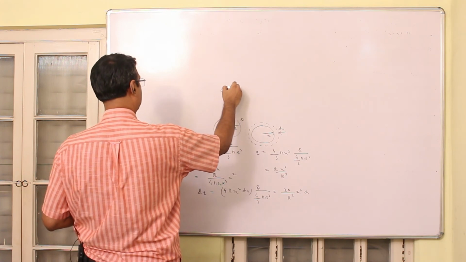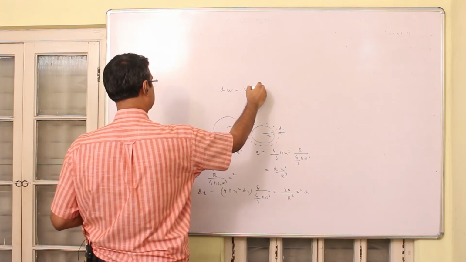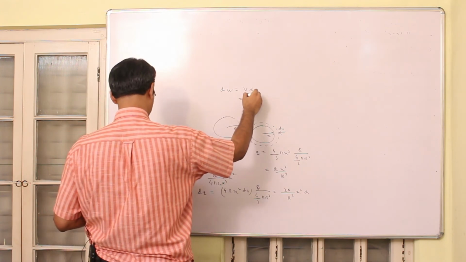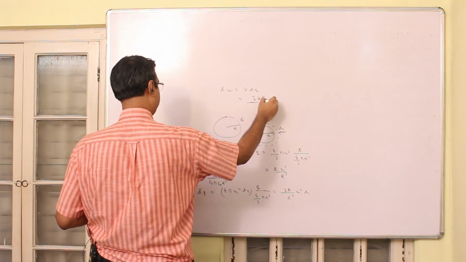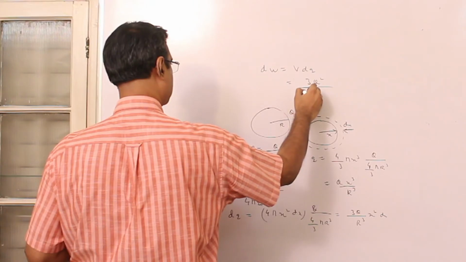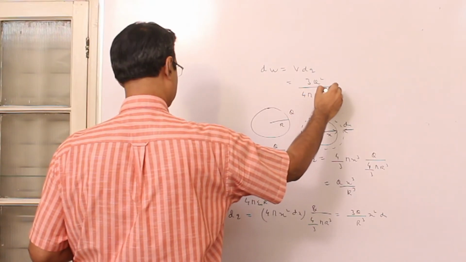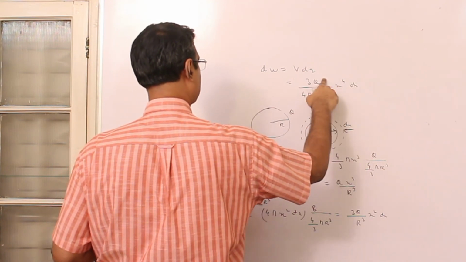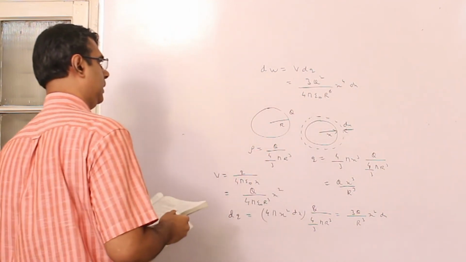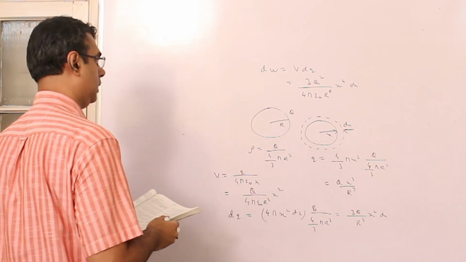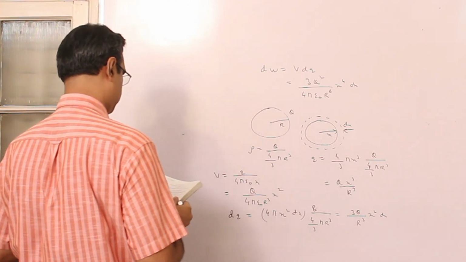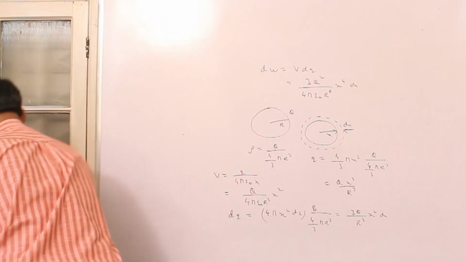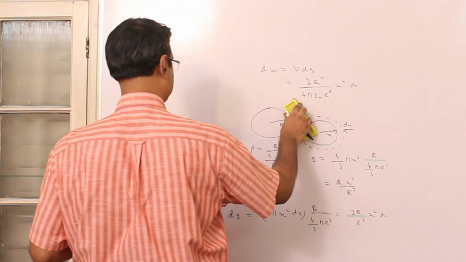Now the work done to increase the radius by dx will be potential at the surface into dq. So that is coming 3q square by 4 pi epsilon naught r to the power 6 into x to the power 4 dx. Now this is the work done for increasing the radius by dx.